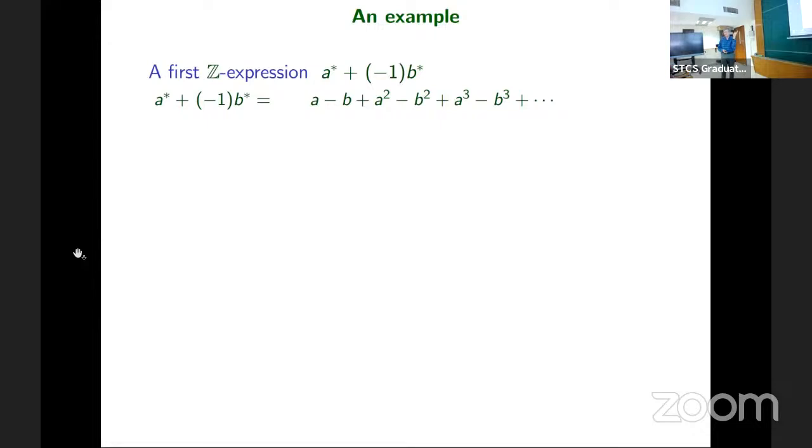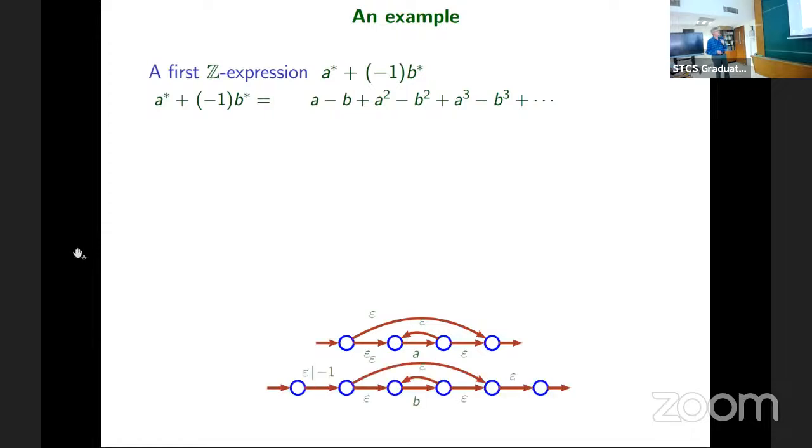This is a series with valuation 1. And this is the Thompson automaton, step by step. And you see, to have -1 it is like this. By symmetry, it's not important.